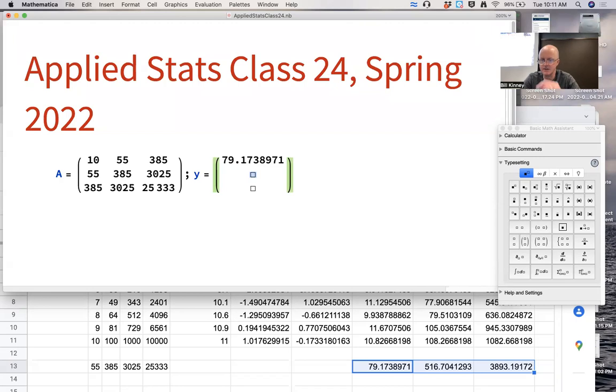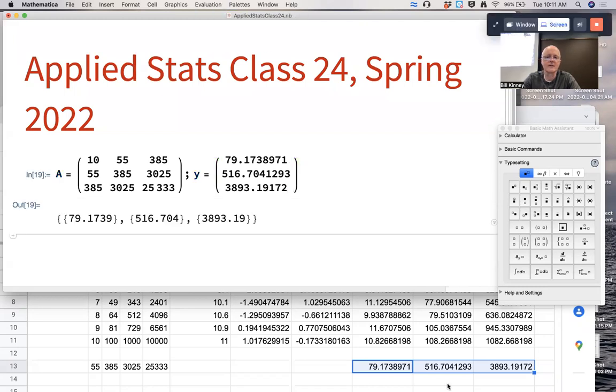Might as well keep as many digits as I can. 516.7041293 and 3,893.19172. Look good? Semicolon I can use again to suppress output if I like.